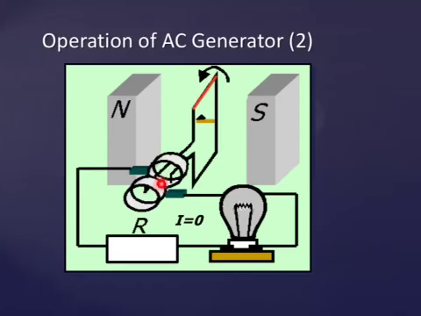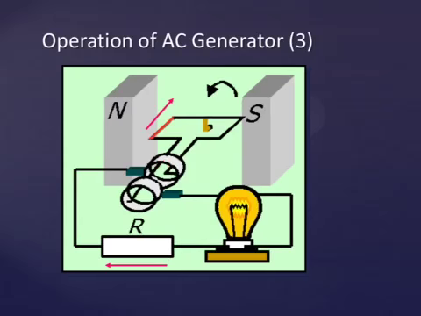This diagram shows that this red side of the coil has turned through 90 degrees from the horizontal position to this position. At this position, this red side of the coil is moving parallel to the field lines, not cutting the field lines. Therefore, no EMF is induced and therefore no current is flowing.